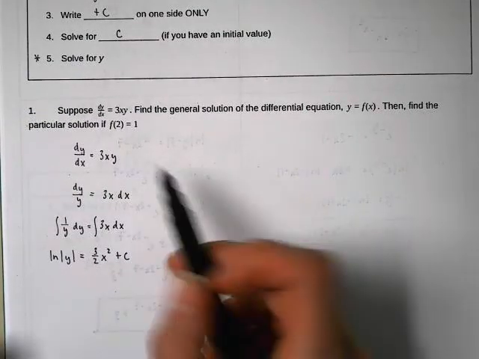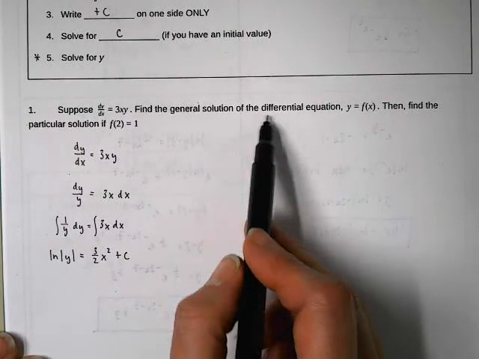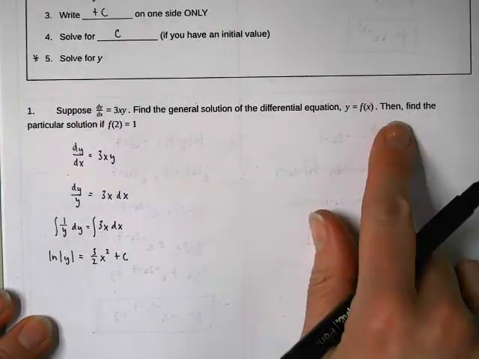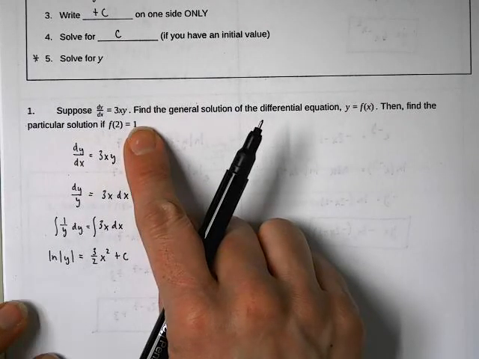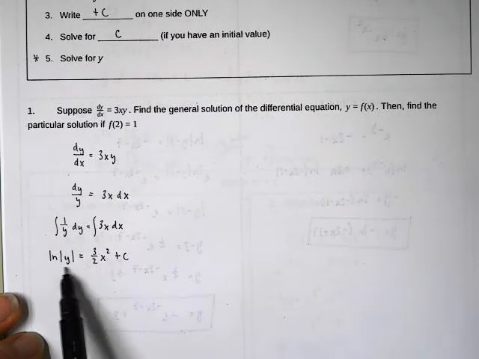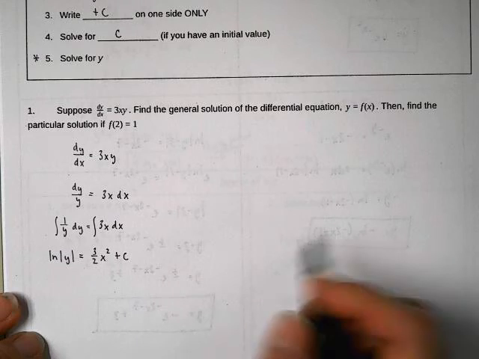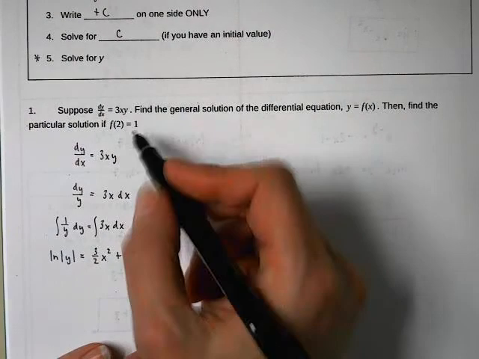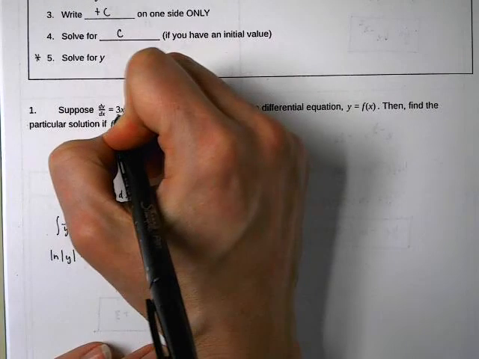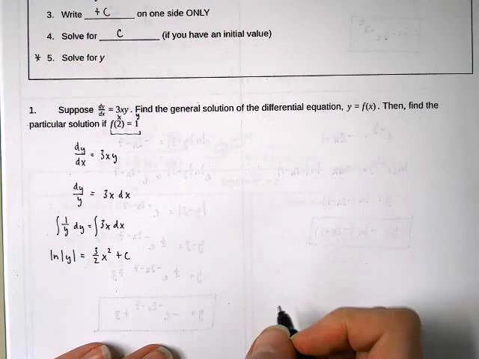Now, it says to find the general solution of the differential equation and then find the particular solution. I'm going to go ahead and find the particular solution, because I always like plugging in my initial condition at this stage of the problem. So I'm going to plug in my initial condition here. My x is 2 and my y is 1.